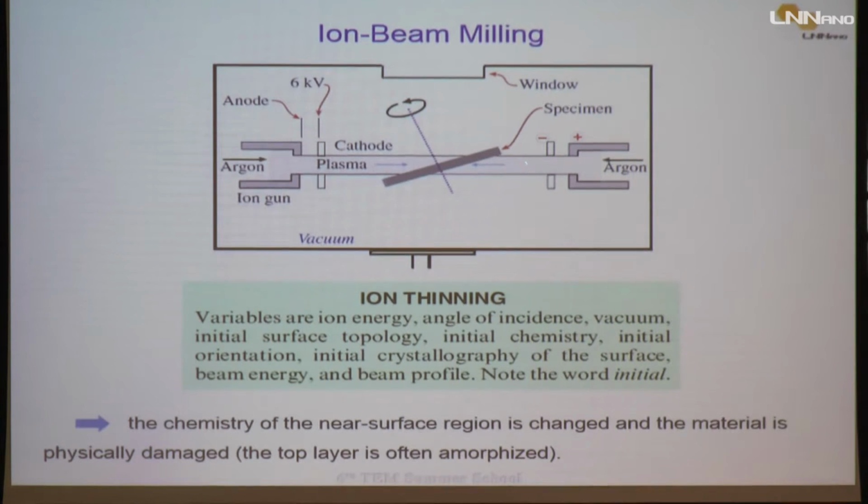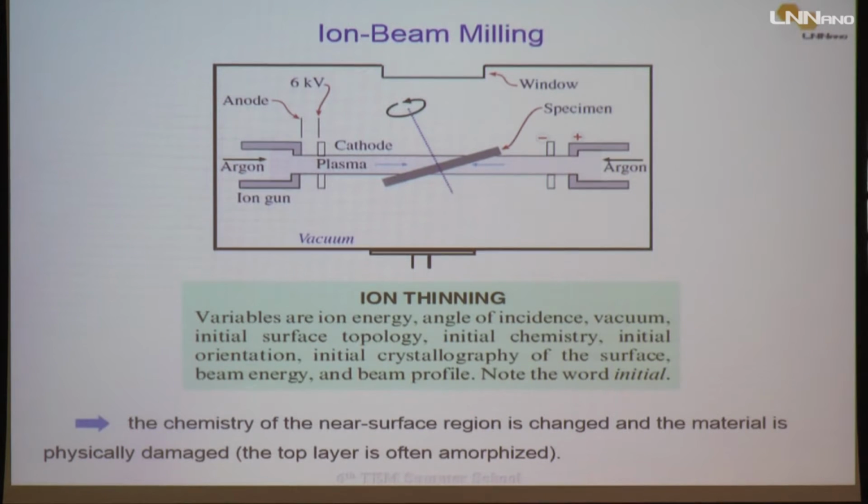These ion beams are very delocalized, they are not well focused, and then they come on all your sample, and they are taking out material very gently from the center of the dimpled disc, okay? And then you go and go and go till you have a very small hole. When you have a very small hole, you expect to have electron transparency in the border of this hole. Okay?